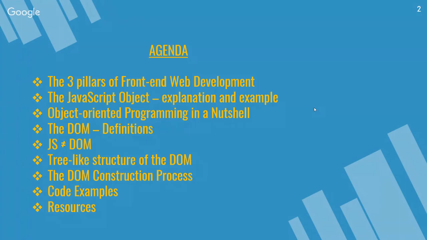After all, you're taking this nanodegree, which is a bit difficult and will get you job ready eventually. After that, we'll see some code examples that make use of the DOM and interact and modify it. And finally, I'll share some resources with you if you want to further study the DOM. Okay, so let's begin.